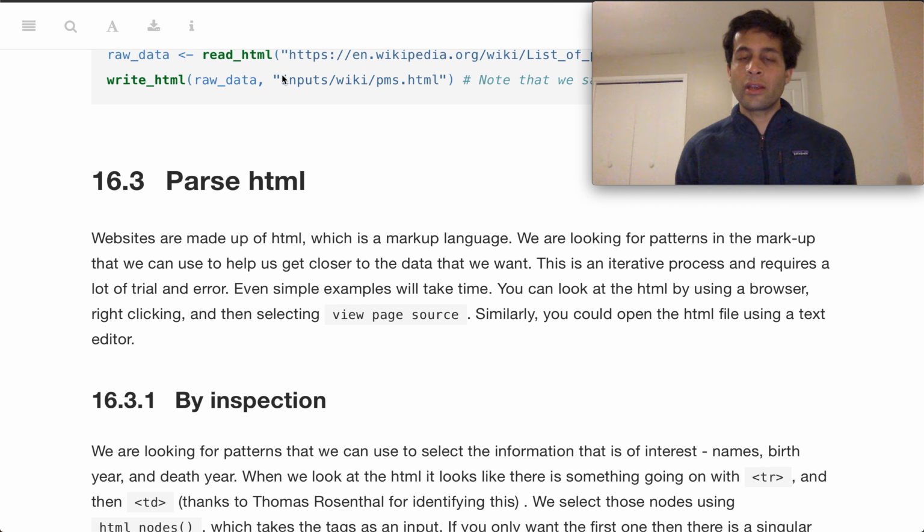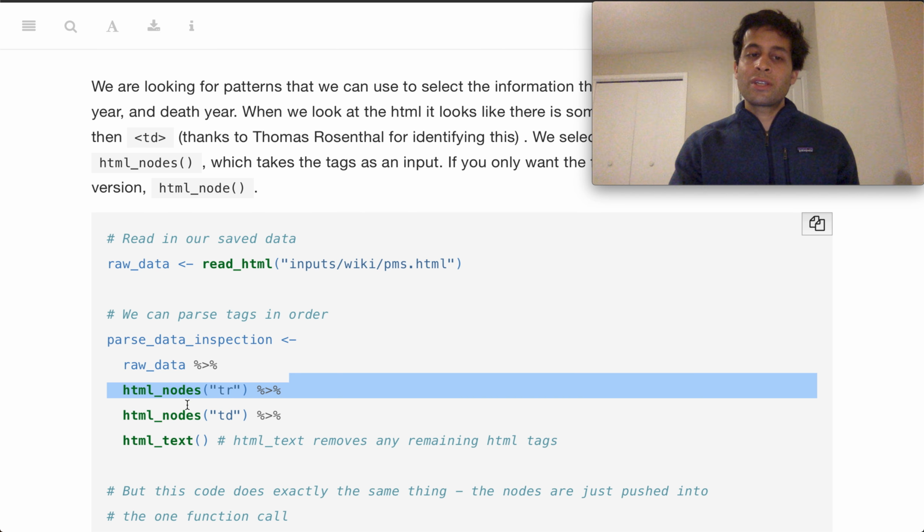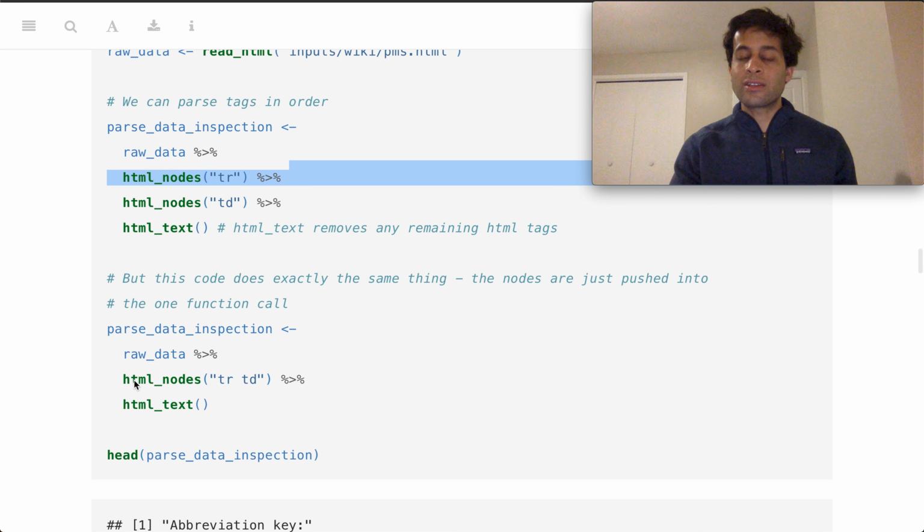Once we've zoomed in on it a little bit closer, we use HTML text, which is a function that removes most of the HTML tags, and it just gives us the text that we're interested in. Now, I have passed 2 levels here to illustrate HTML nodes passing from one to another, but we can actually just put that into the one call to HTML nodes if we want.